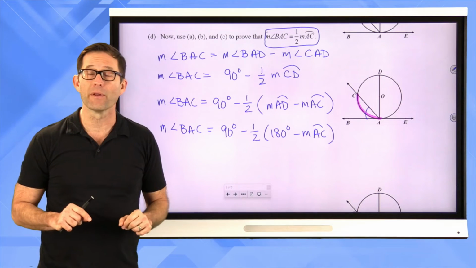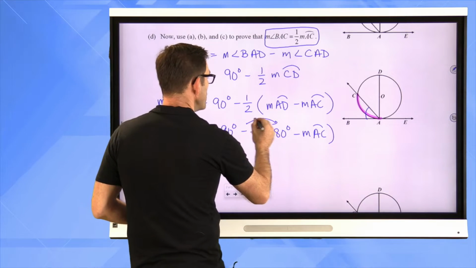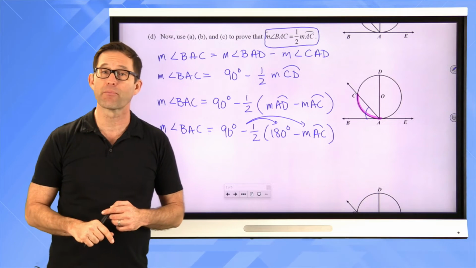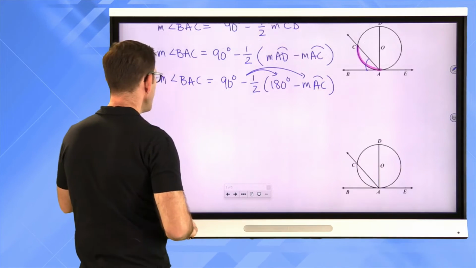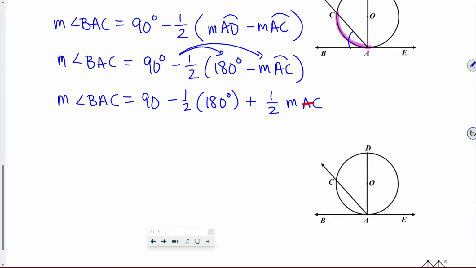And some of you probably already see where we're going with this. I am now going to distribute a multiplication by negative 1/2 through that parentheses. Now, what do I get when I do that? Well, I get the measure of angle BAC is equal to 90 minus 1/2 times 180 plus 1/2 times the measure of arc AC.